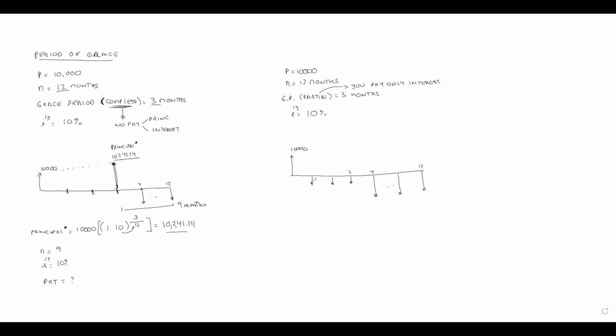Now, how much will I pay here? This value here is equal to what? How do I compute my payment here? It's going to be only the interest, right? It's $10,000, 1.1 to the power of 1 over 12, minus 1, because I just want the interest.